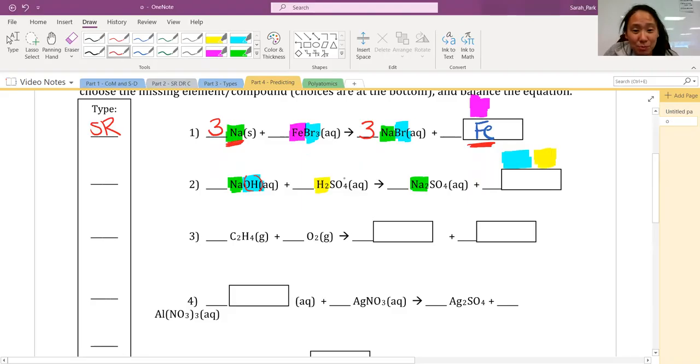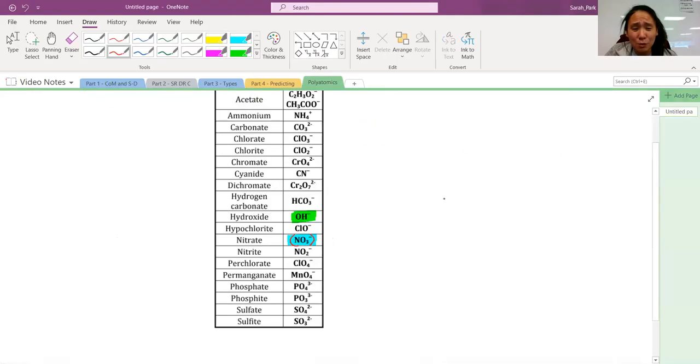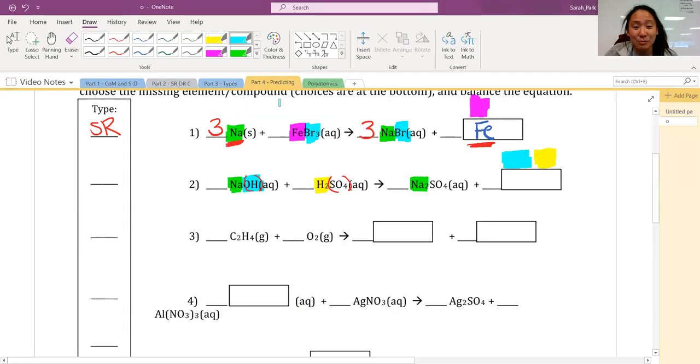I do have 3 capital letters here, so this is a polyatomic, right? SO4. Remember, you can find those polyatomics here if you're struggling. The SO4, the 4 will go inside the parentheses, right? This SO4 here is on both sides, so I'm pretty good. So what am I missing?